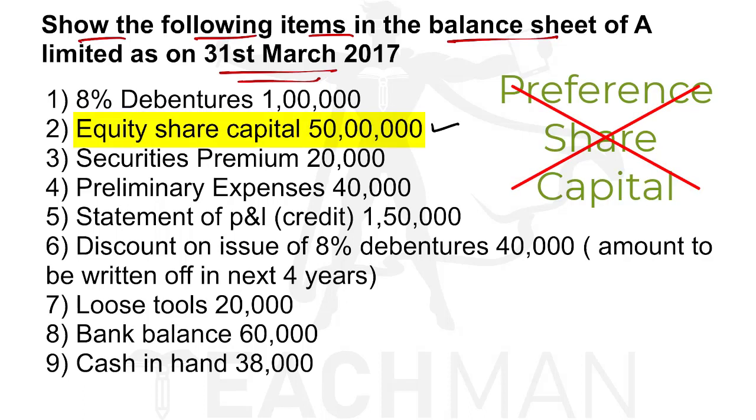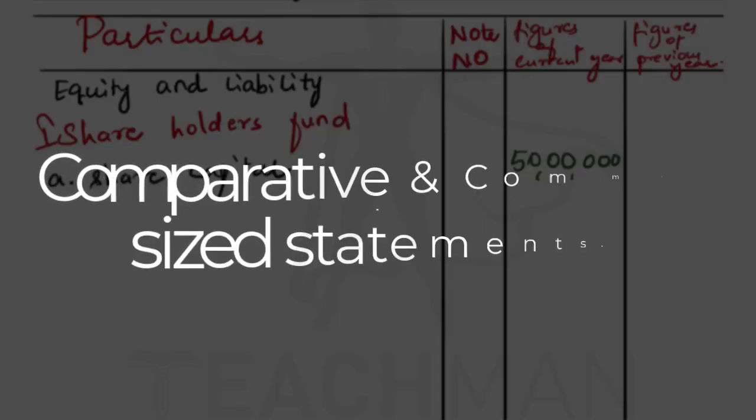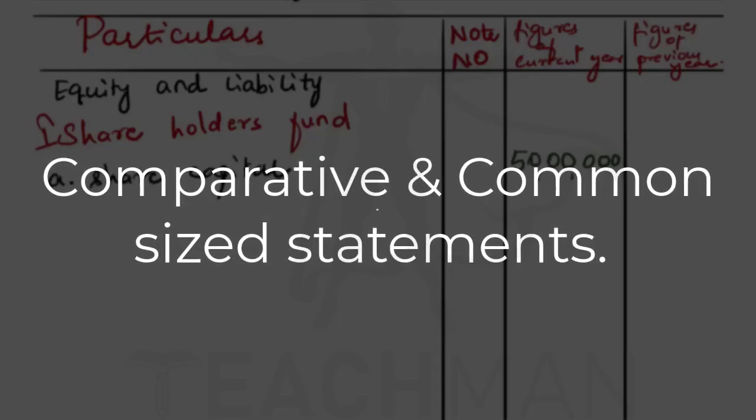So we will write the same amount, that is 50 lakh. We will leave the figure of previous year column blank because only the current year we have to focus. That is used mainly for the comparative and common size statements.